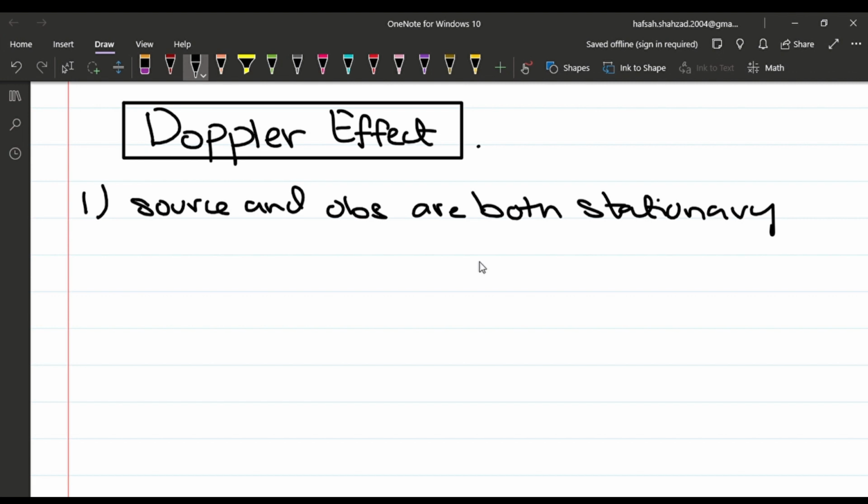Let's suppose I'm standing by the road and a van is coming, on the road obviously, and the van is sounding its horn. In this case the source is the object giving off sound, and the observer is the one who is listening to that sound.